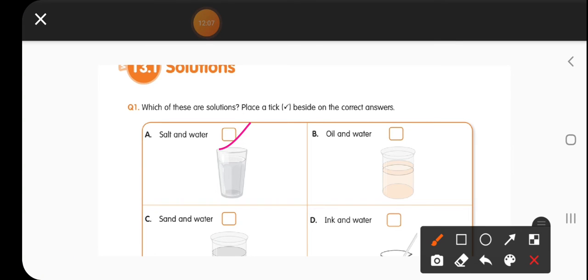Oil and water: did you ever notice oil mixing in water, or does the oil float on water? It floats, so it's not making a solution. Sand and water: you have done the activity. Is the sand mixing in water or is it settled at the bottom? It settles at the bottom, so it will not. Ink and water: ink mixes with the water.